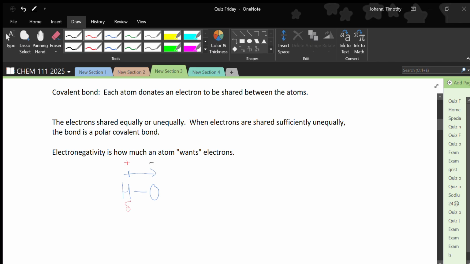We have a partial positive charge on the hydrogen. We're not going to do any calculus in here. And a partial negative charge, okay? So partial positive, partial negative. Let me go ahead and write this equals partial.